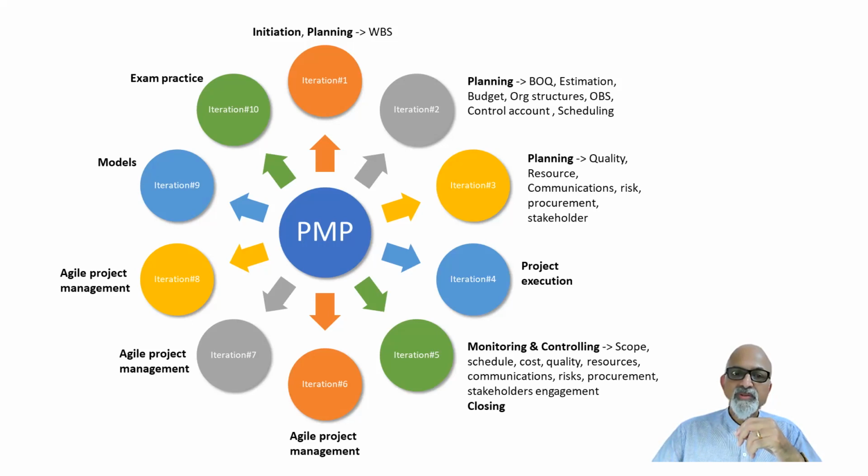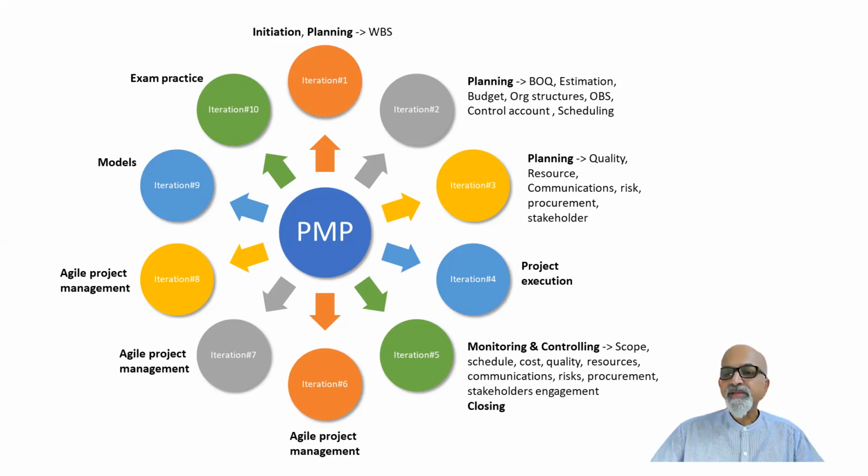Then we move on to agile project management and hybrid project management in iterations 6, 7, and 8. There we explain agile project management using the Scrum framework, and we'll also discuss other best practices or ceremonies that will augment agility in teams.